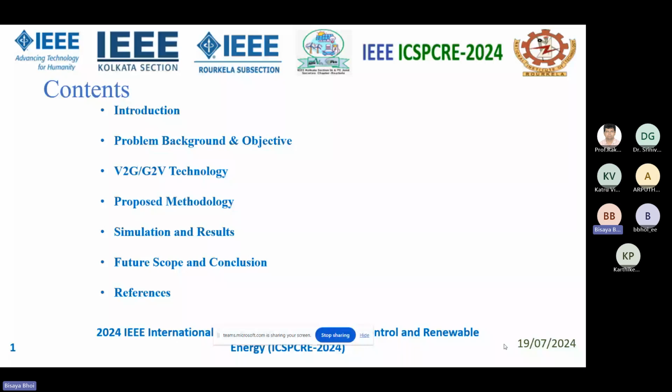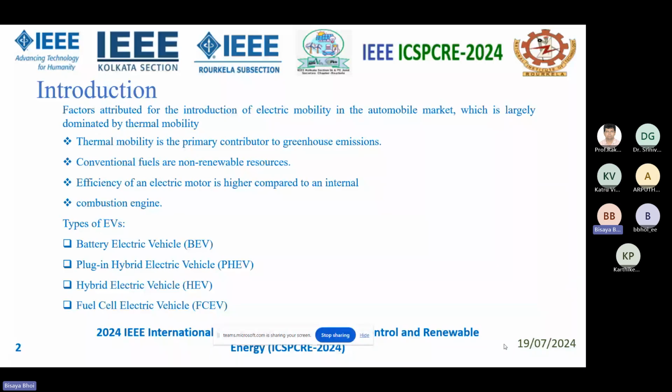After that, references. In the introduction, the electric vehicle has emerged as the ultimate mobility solution for the future, and government policy is also taken into consideration and advertising it.